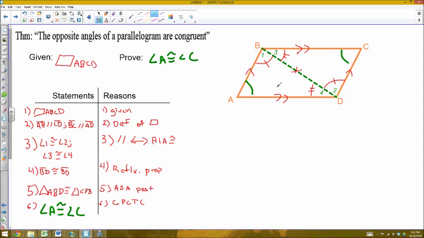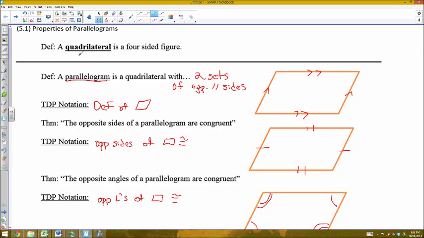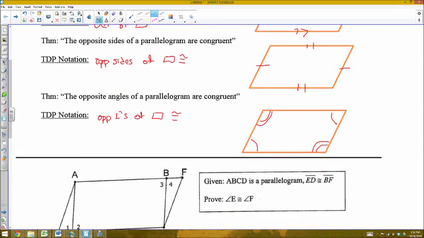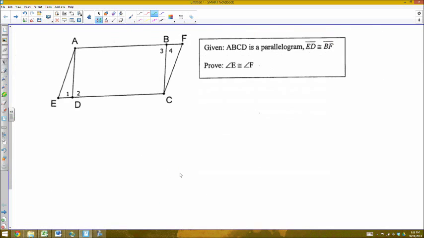Okay. Similarly, you could use the same idea, only rather than constructing diagonal BD, you can construct diagonal AC and prove that angle B is congruent to angle D. Thus, both sets of opposite angles of a parallelogram must be congruent. So now that we've developed all of those ideas, let's see how we can use them in a proof itself.